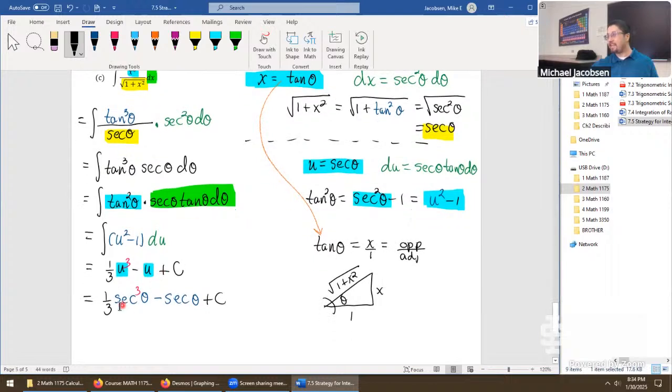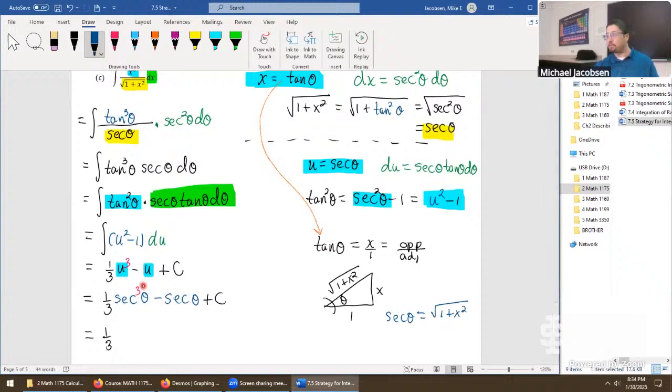So now secant theta, again, really feels like deja vu out of nowhere, is the hypotenuse divided by 1. So it'd just be that. But we're also raising it to the 3rd power.